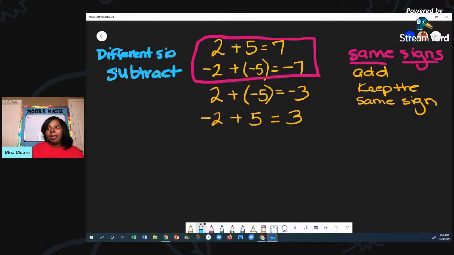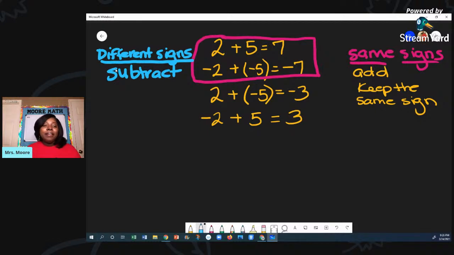We did 5 minus 2, and we got 3. For both of these, it was 5 minus 2. But why was one negative and why was one positive? My students like to say, whatever the bigger number is, that is the sign of the answer.